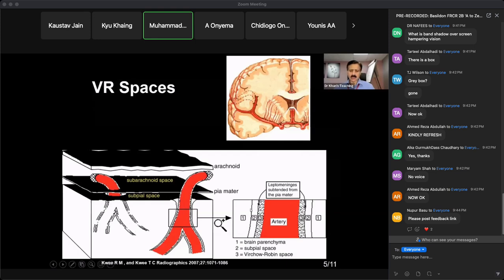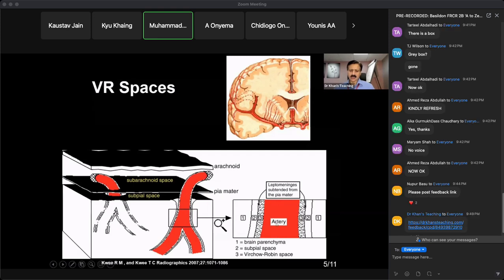Now, if you see the microscopic view here, this is the artery, and then this number 3 is what we call the Virchow-Robin space, perivascular space. Perivascular space is different. Don't confuse it with the subarachnoid.